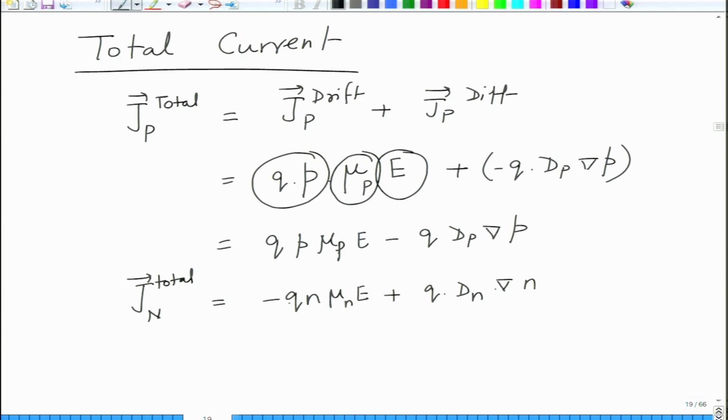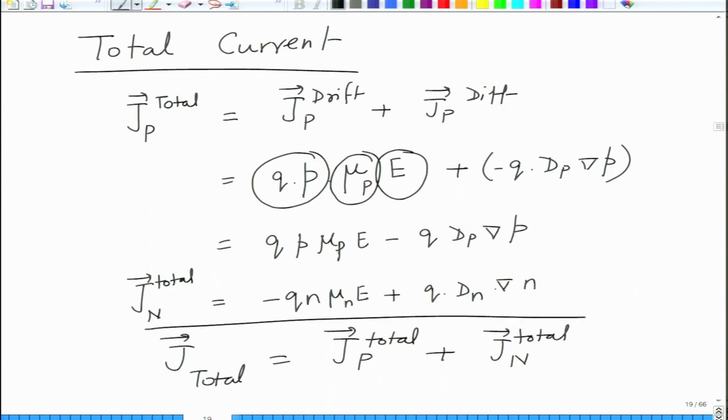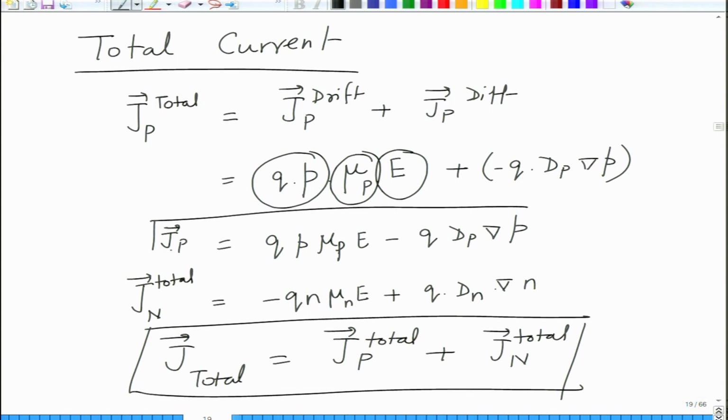Since for electrons the charge is negative, we have taken it as negative. So, J total for a given semiconductor will be equal to Jp total plus Jn total, with this being Jp and this being Jn.